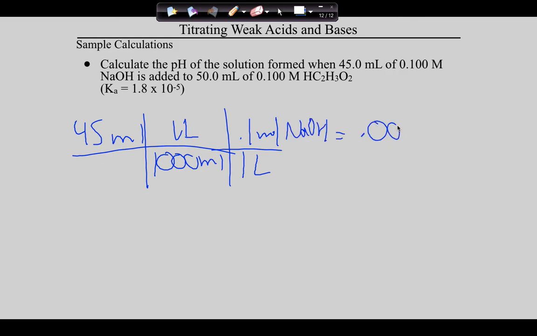This always terrifies me, but did I do that right? Is that the right number of zeros? Oh, yeah. Okay, yes. Are we okay? Okay, and then guys, similarly, 50 milliliters, you can do that.